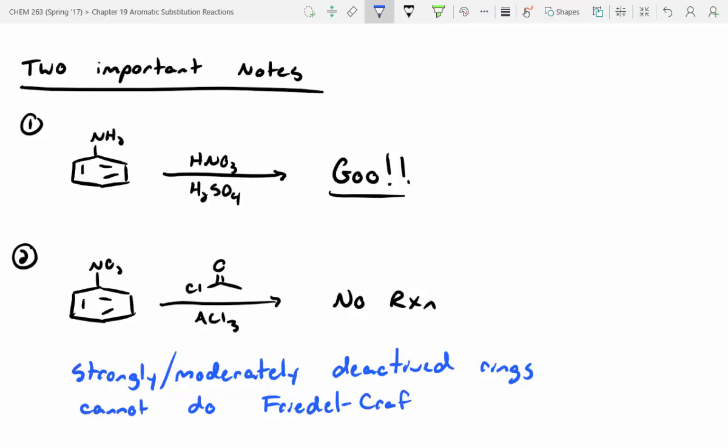I know I mentioned this with the alkylation, but it's true with the acylation as well. So you can't have any strong or moderate deactivators. If you have something like a chlorine or a bromine or some sort of halogen, it can work, but the reaction is a lot slower than you would want. So ideally, you want to try to order your synthetic scheme so that if you are doing an alkylation or an acylation, you do it before you put on any of your strong electron withdrawing groups. That's an important thing to keep track of.